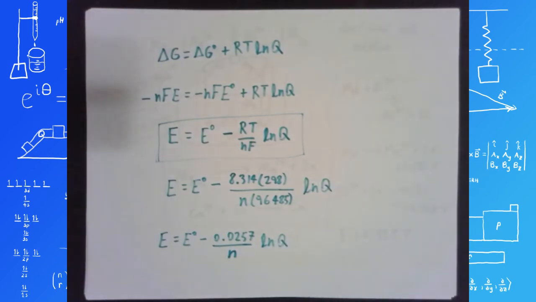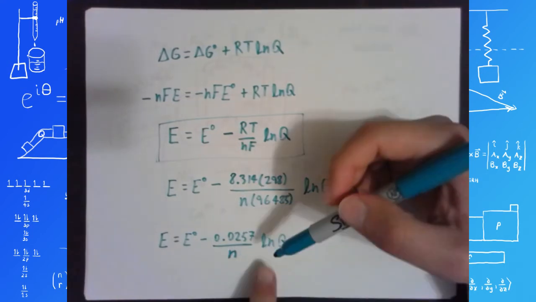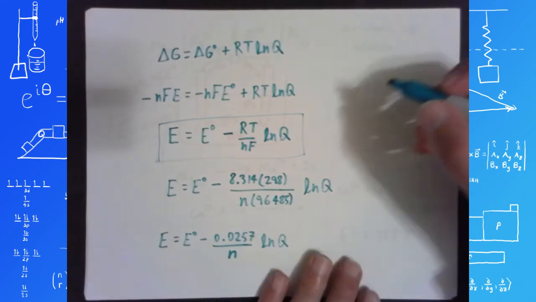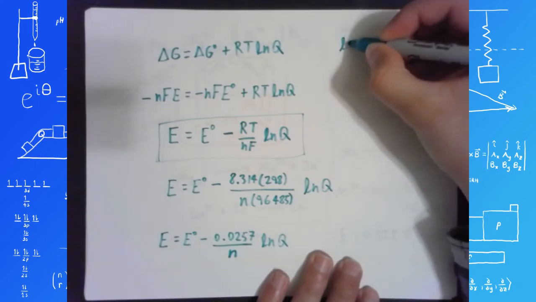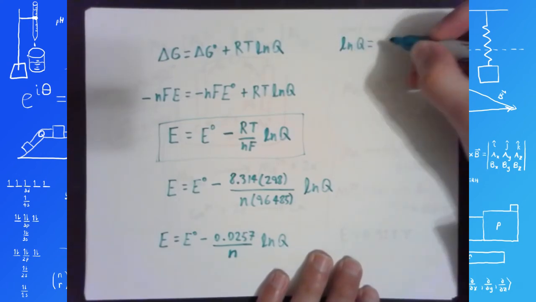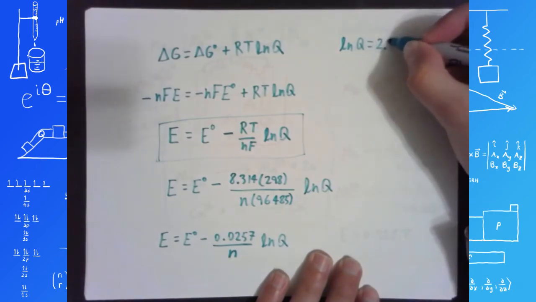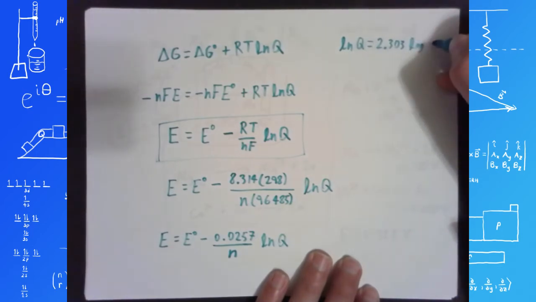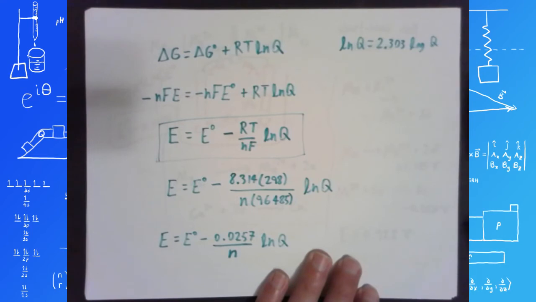This is still not the end of the simplification that you'll see in a textbook. They'll actually simplify this some more by converting the natural log to a regular log base 10. So apparently, natural log of Q is equal to about 2.302 or 2.303 times log of Q. And where does that come from?